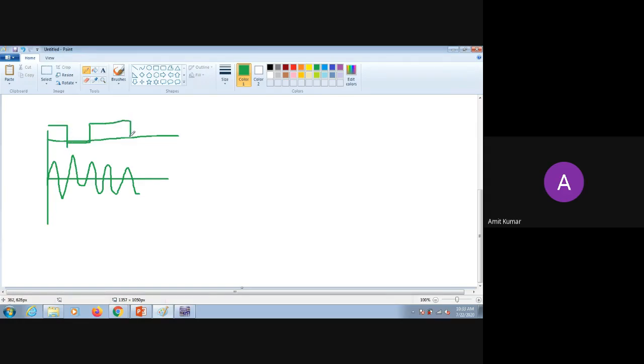Wherever you have 1 and this is 0, anything multiplied by 0 gives 0. So the signal up to this point will be available in the output, and this part will be removed. This part will be replaced by a straight line, that will be 0. So your output will look like this.